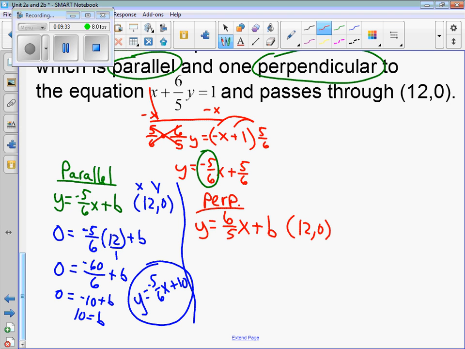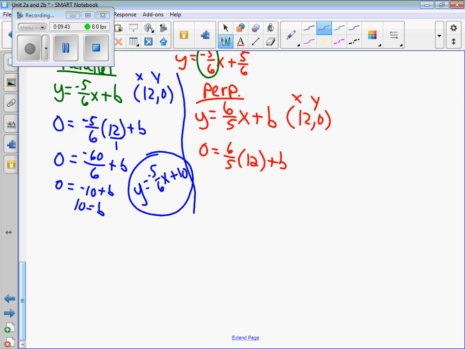0 equals 6/5 times 12 plus b. Multiplying out fractions, multiply the numerator, 72. The denominator is 5. Subtract 72/5, and you get the y-intercept at negative 72/5.